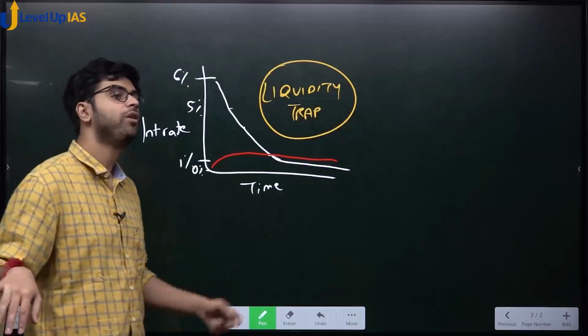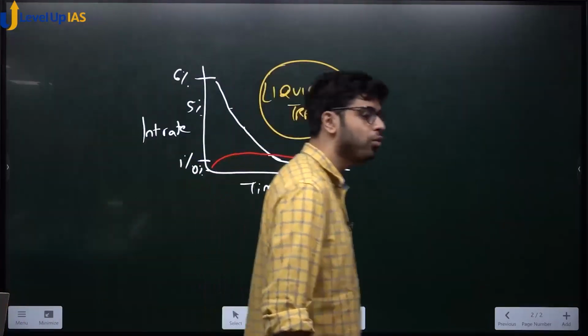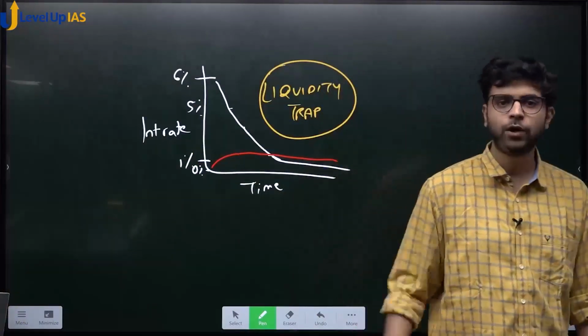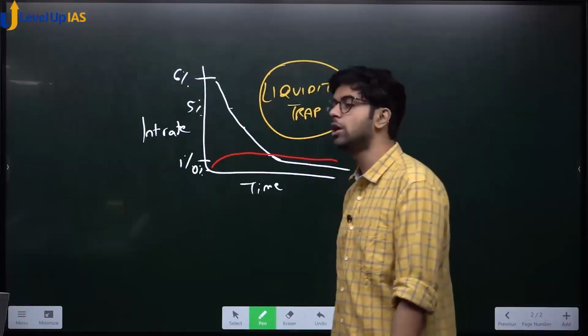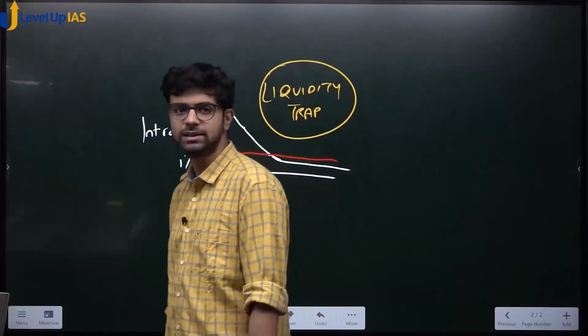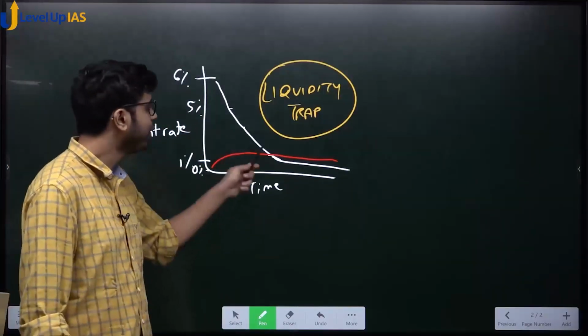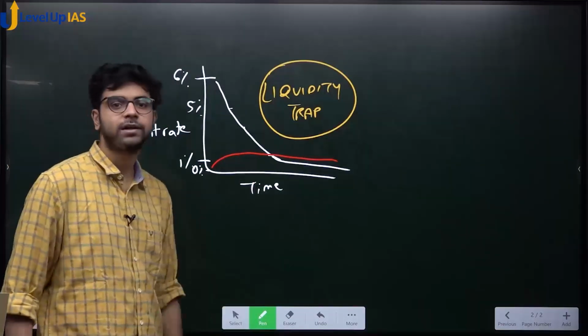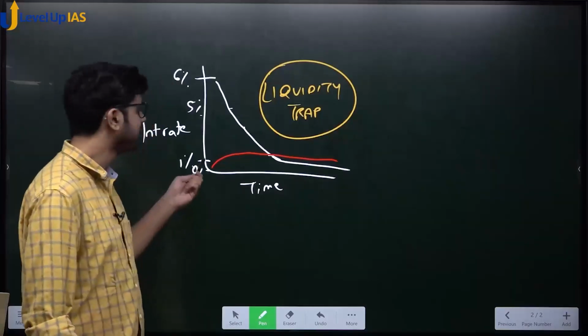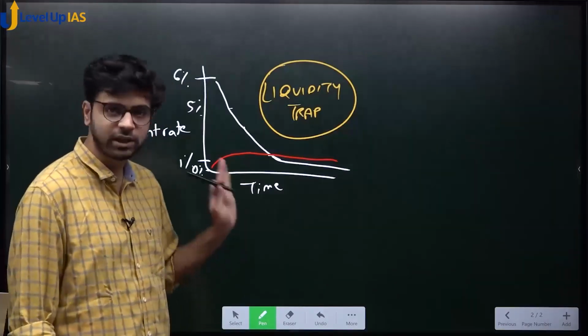Samjha? Now what do central governments do, or what will RBI do in this case? So we discussed the quantitative tools of credit control: CRR, SLR, bank rate, repo rate, MSF rate, whatever. Even if you reduce all these rates, growth is not happening. So rates are now almost near 0%. Yes or no? All rates are almost near 0%.